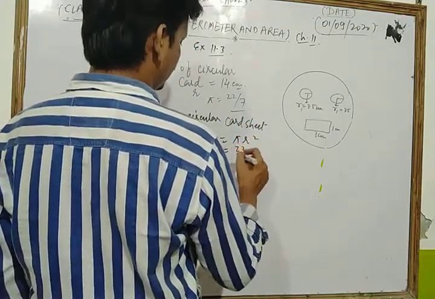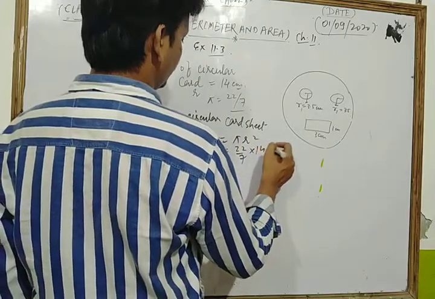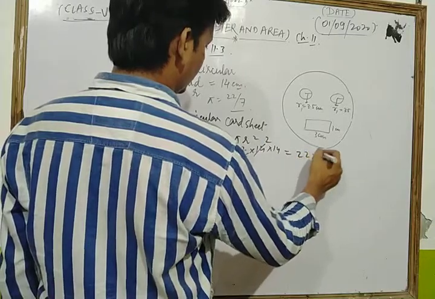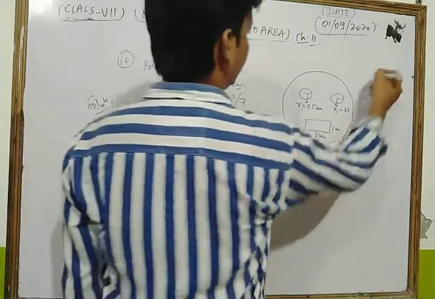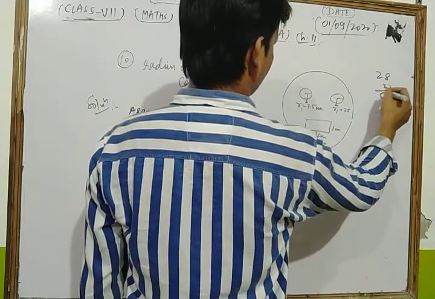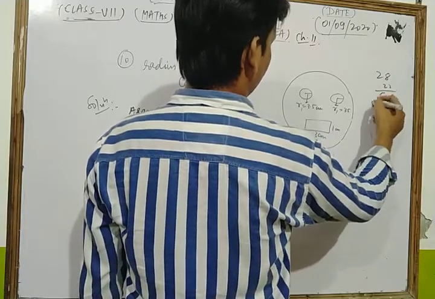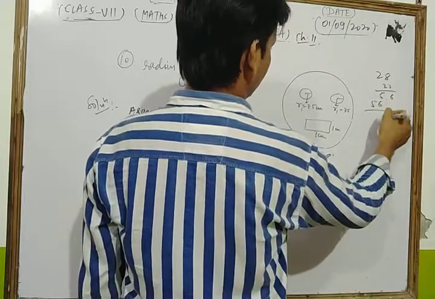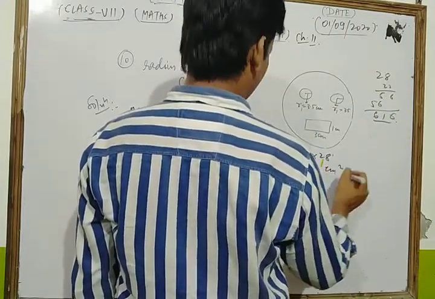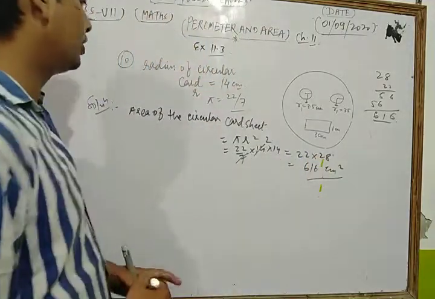So pi is 22/7 into r square, which is 14 into 14. 7 twos are 14, so 22 into 28. Now we multiply 22 by 28, and we get 616. So we get 616 centimeter square. This is the area of the circular sheet.